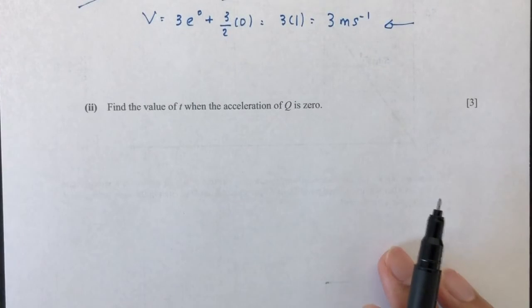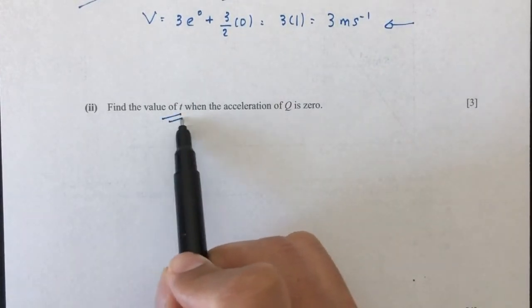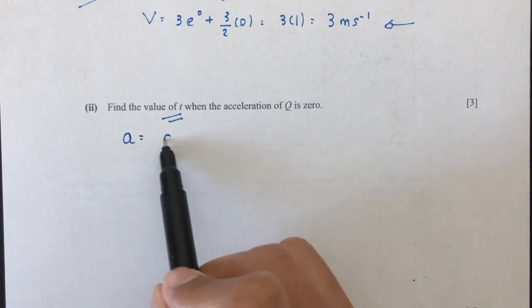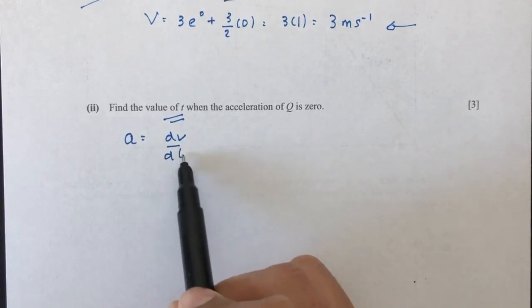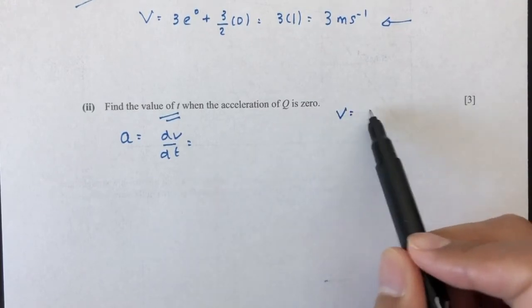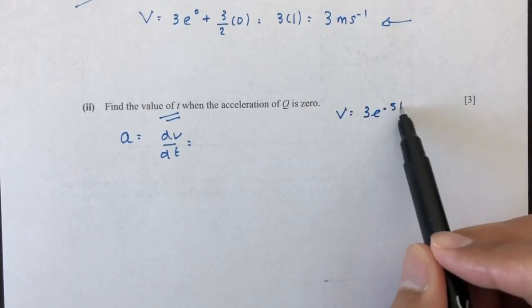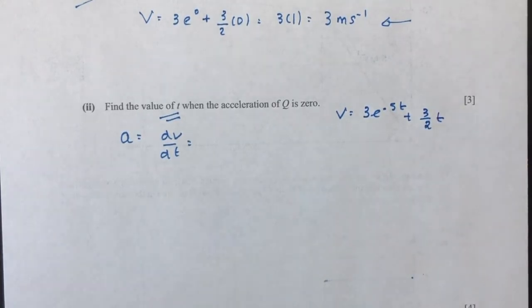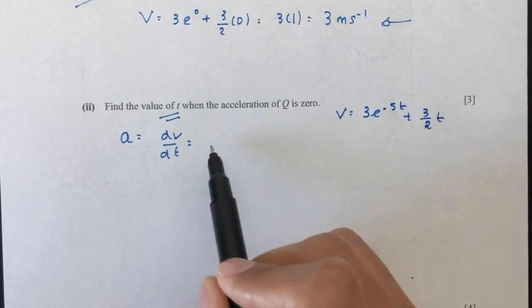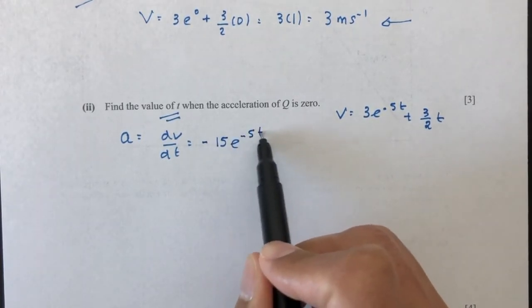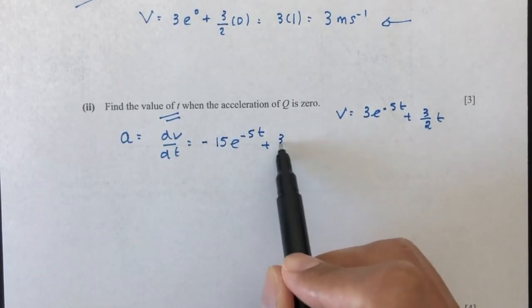So now moving on to part 2. Find the value of t when the acceleration is 0. So how do you find acceleration? You have to do dv by dt. So let's do that. V is given by 3e^(-5t) plus 3 over 2 t. So dv by dt will be -15e^(-5t) plus 3 over 2.